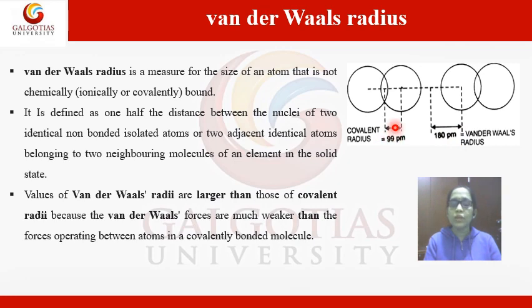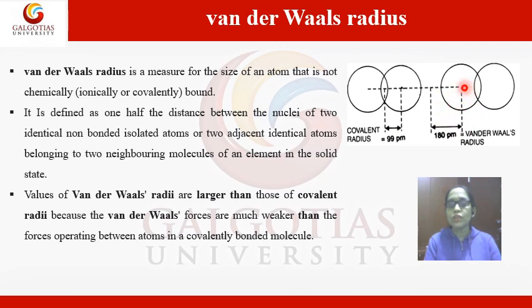The value of van der Waals radius, you see, is greater than the covalent radius, because the covalent radius is the radius of two bonded atoms. So van der Waals radius is always greater than the covalent radius, because we know van der Waals forces are weak forces.